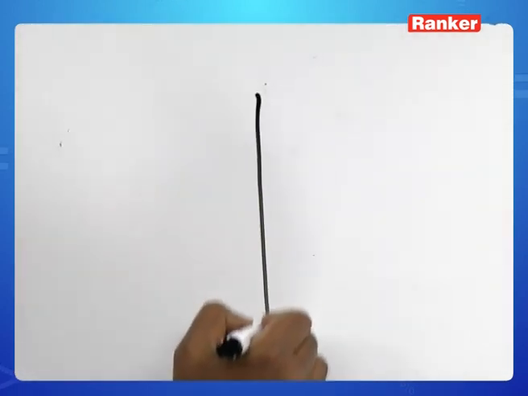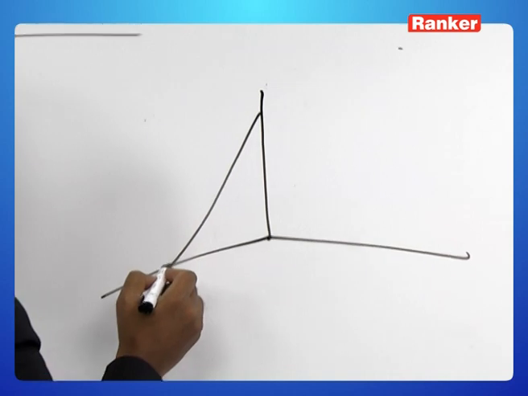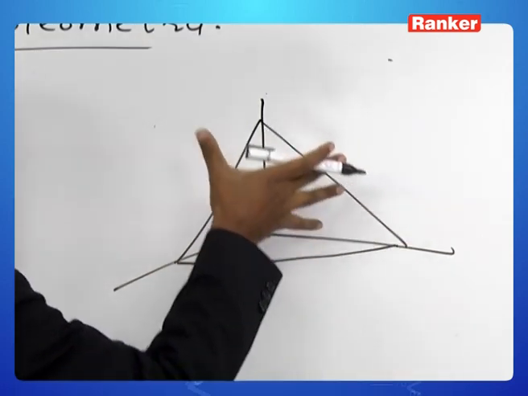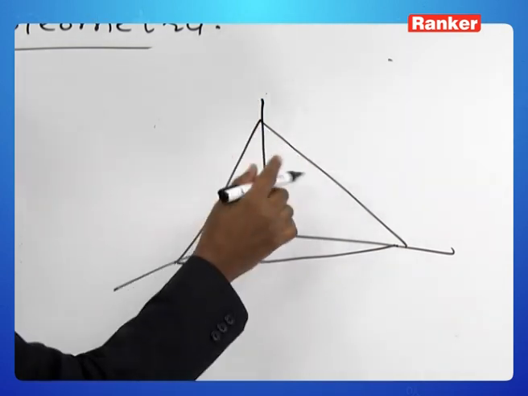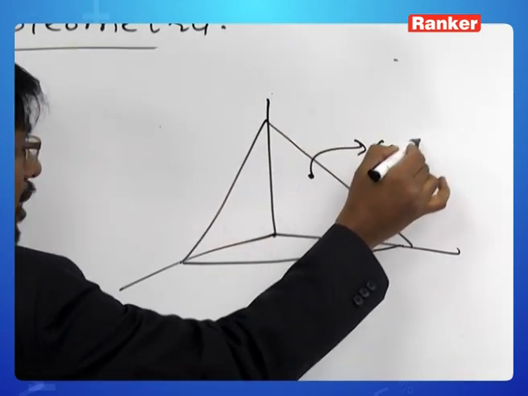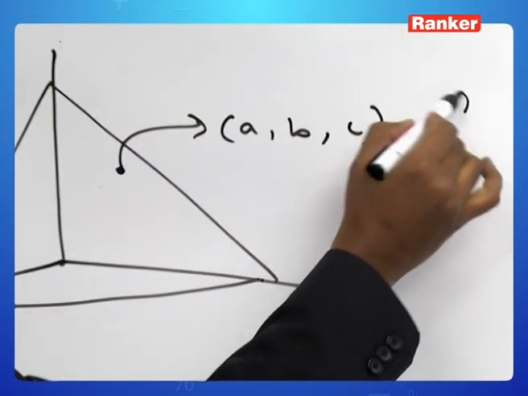Here we have a variable plane, but it's always passing through a fixed point. So this plane is moving in the space but hinged to one point, say a comma b comma c. This is a fixed point on the plane.